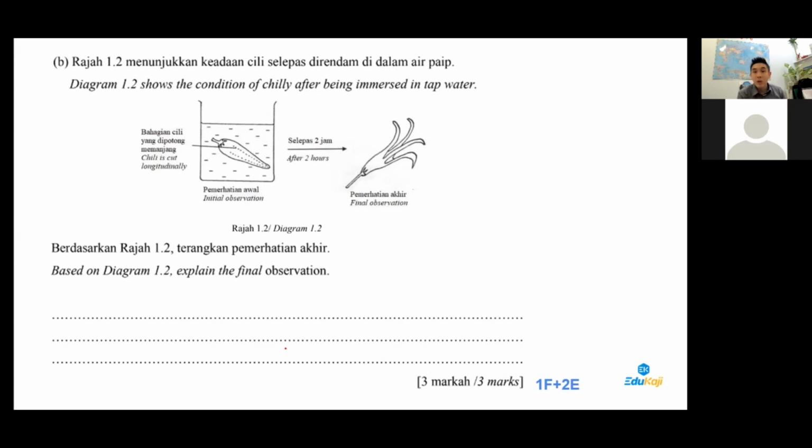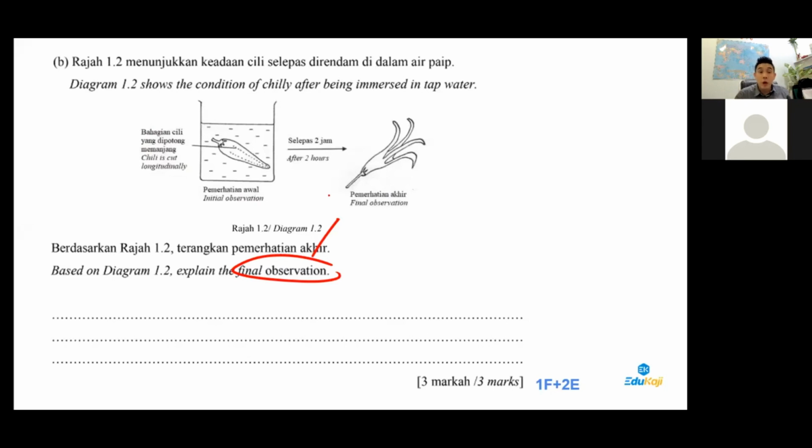I think 2019 or so. Okay, so guys, when you attempt this question, the very first step I would recommend you do is to state what you can see. So the observation here is that the chili bends or curves outwards.